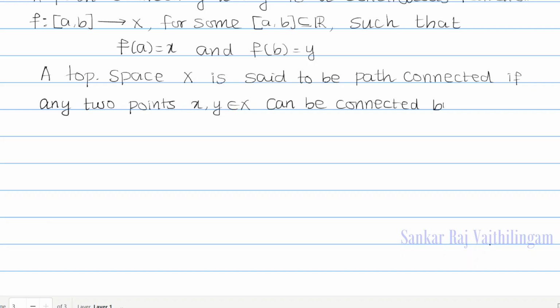What do we mean by path? It is a continuous function f from a closed interval a comma b to X such that f of a is equal to x and f of b is equal to y.